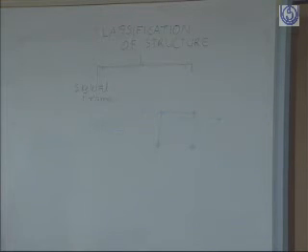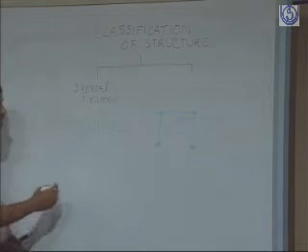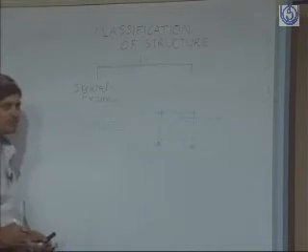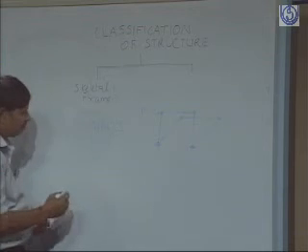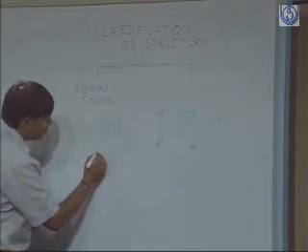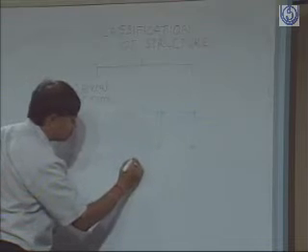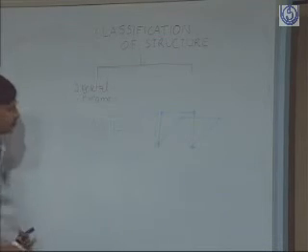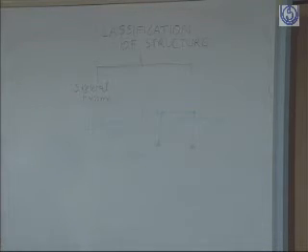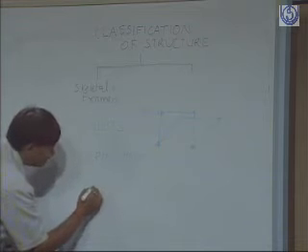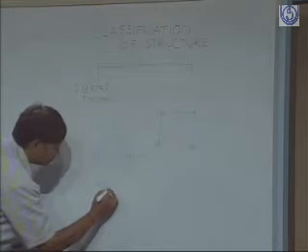So joints play a very important role in civil engineering structures. That is why we have classified them into two types of joints. One is pin joint and the other is rigid joint.